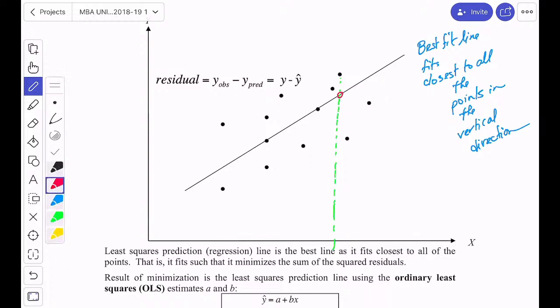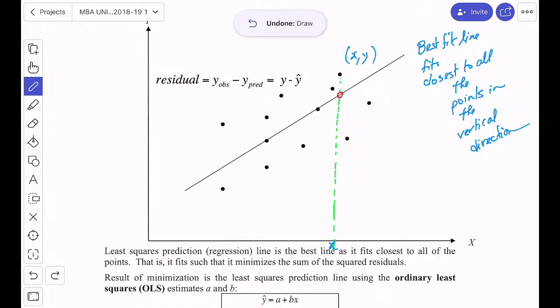So let me add, I'll just call it x. Okay, so this is the value of x. This is the value of y, and there's two different y's. So the one for the exact point, which we call y observed, and the one for the predicted point, y predicted.